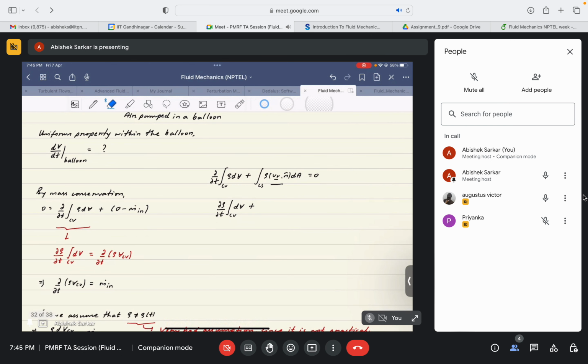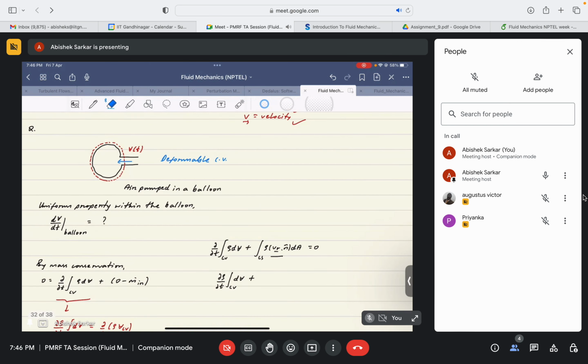Positive. Okay, right, because if there were an outlet, say this outlet, and the velocity is in this direction, and the normal vector of this area also points in the same direction, then the dot product v dot n cap will give v directly.